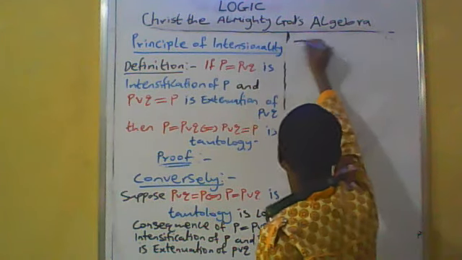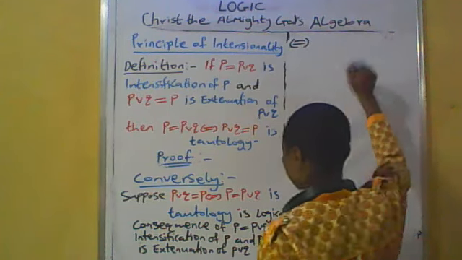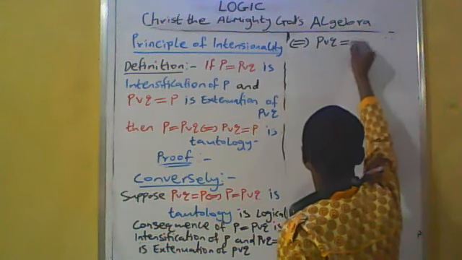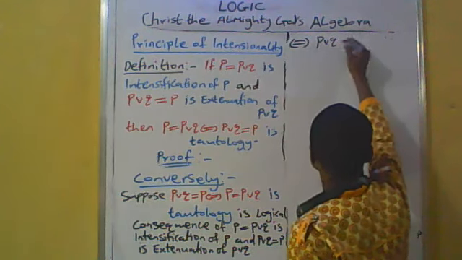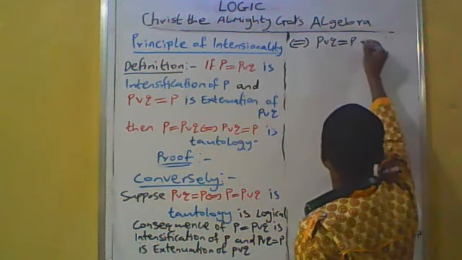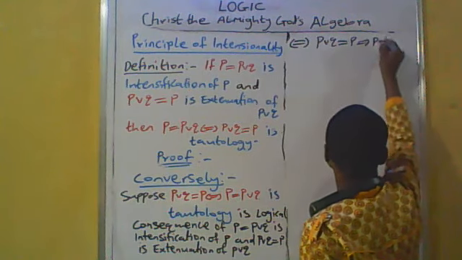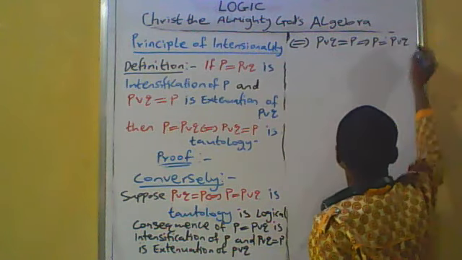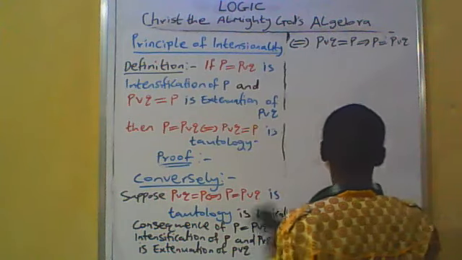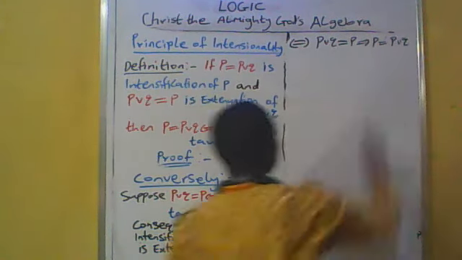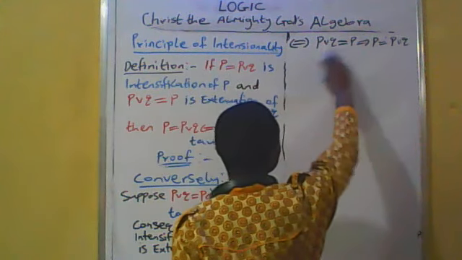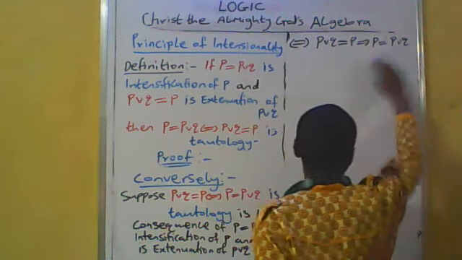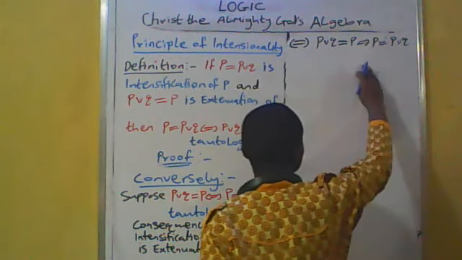That means if and only if P or Q implies P or Q is equal to P implies P, P equal to P or Q. You find out that whenever this antecedent is true, the consequent must also be true. So whenever I play this statement, the other side is always true.